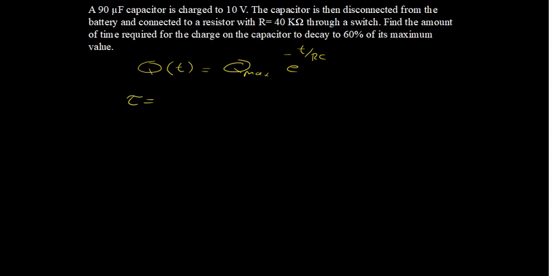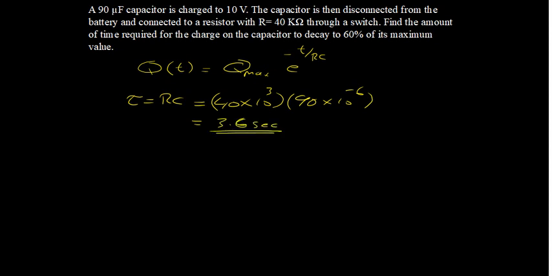So tau, or RC, equals the resistance, 40 × 10³, multiplied by the capacitance, 90 × 10⁻⁶. That gives us 3.6 seconds. So we know the time constant.